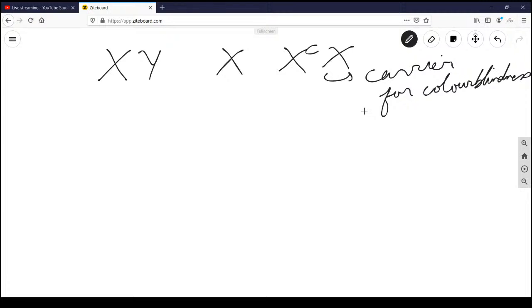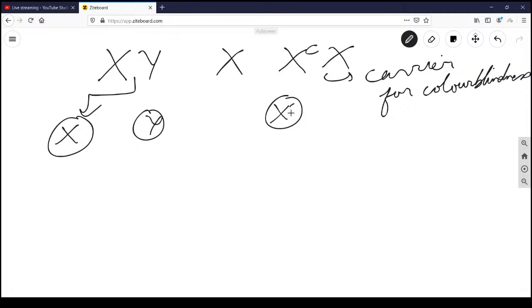Now, if you even start before that, with the parents, you have a normal man and a carrier woman. When you talk about the gametes, one of the gametes is X, one is Y, one is XC, one is X, right?